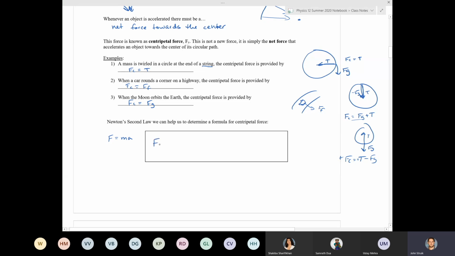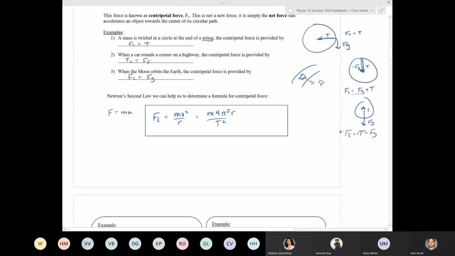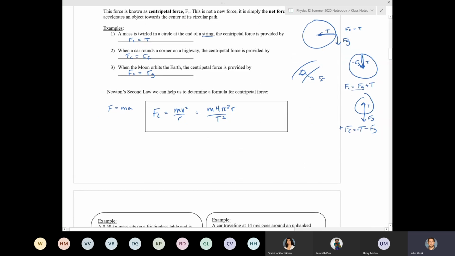So if I do FC, centripetal force, instead of V squared over R, which is A, it's going to be mv squared over R. And instead of 4 pi squared R over T squared, it's going to be m 4 pi squared R over T squared. Okay, so all you're doing is putting an m in front of the AC, and that's it.